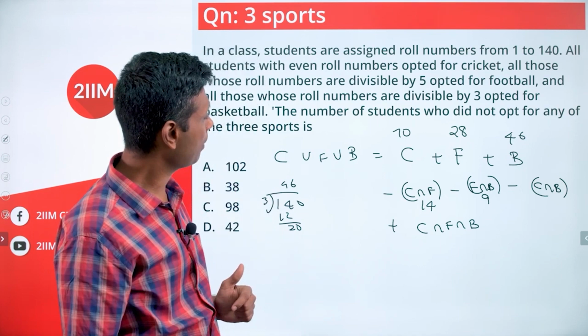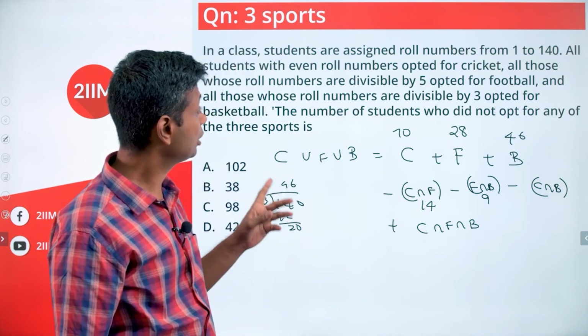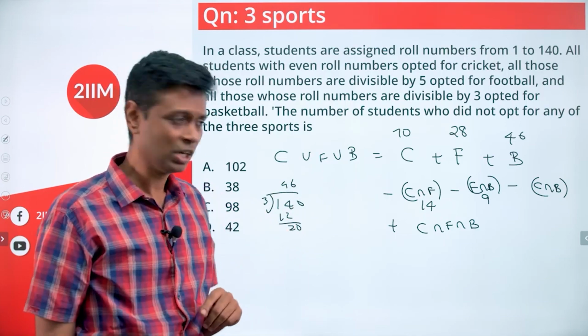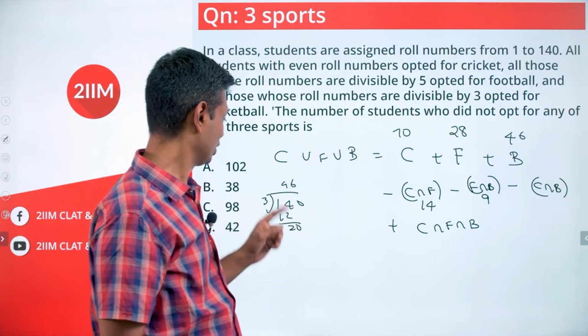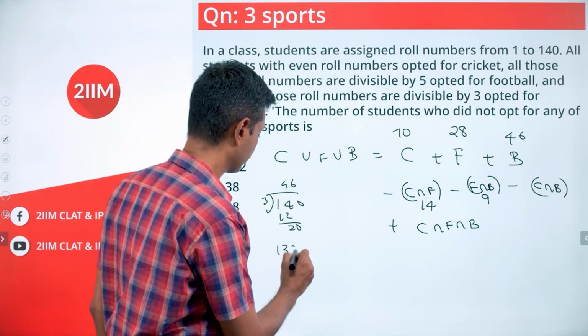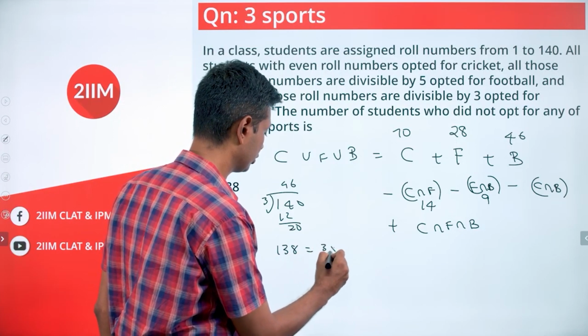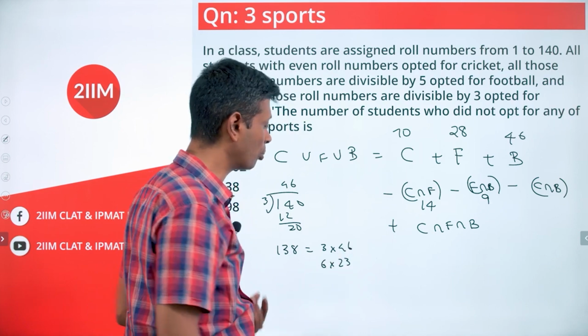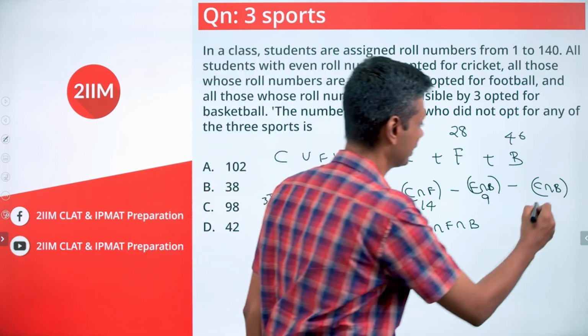Cricket intersection basketball, multiples of 2, multiples of 3, or multiples of 6. How many multiples of 6 are there? 138 is 3 into 46, or this is 6 into 23. We cannot go beyond that, so 23 are there.